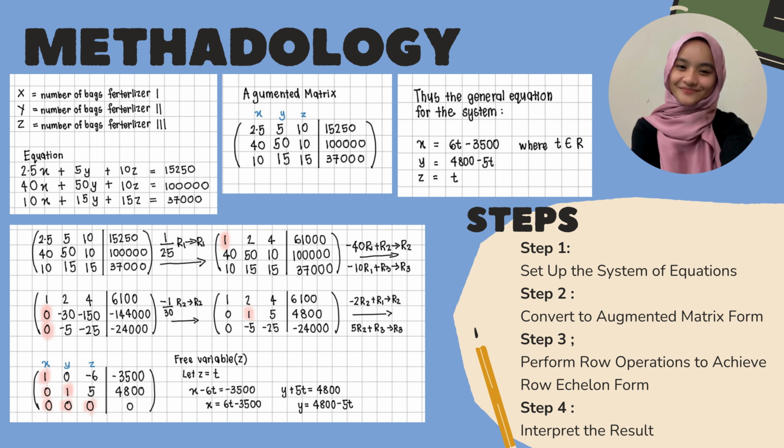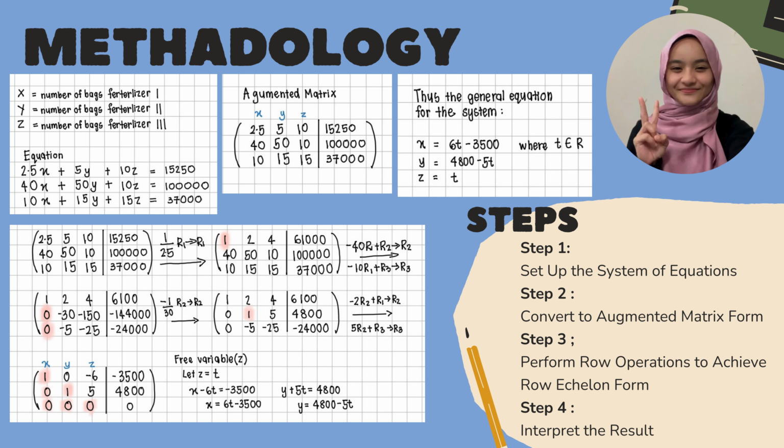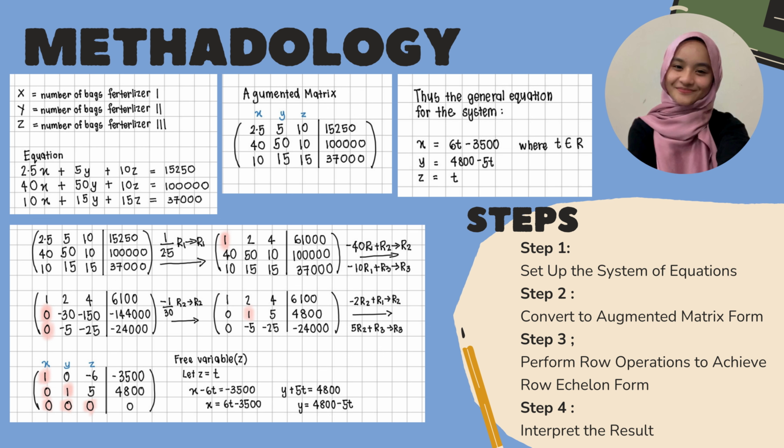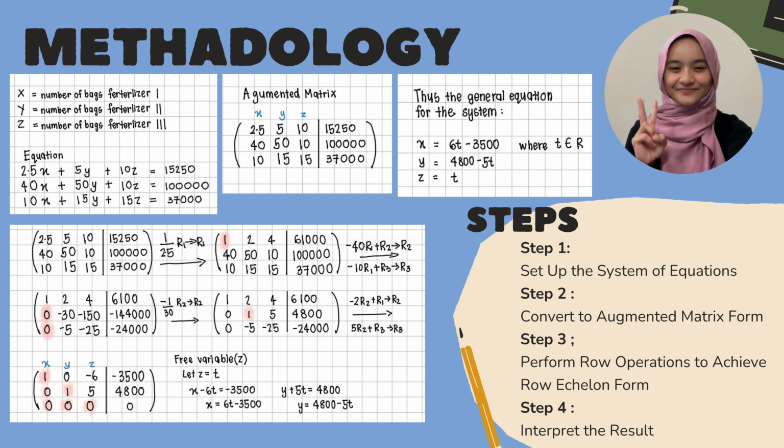Then we express x and y in terms of z. Let z equal t, a free variable. Hence, the general solution is x equals 60t minus 3,500, y equals negative 5t plus 4,800, and z equals t, where t can be any real number.